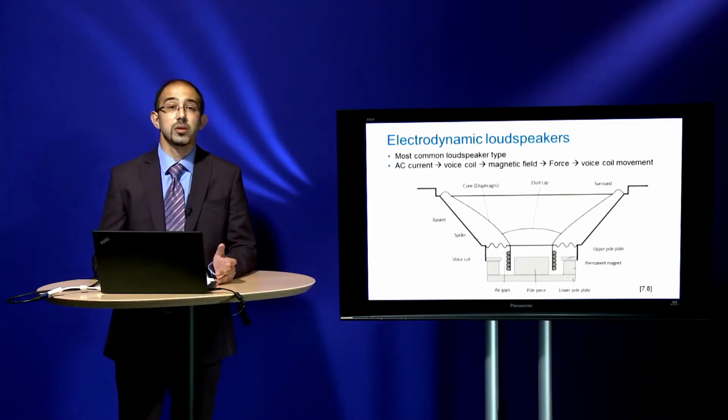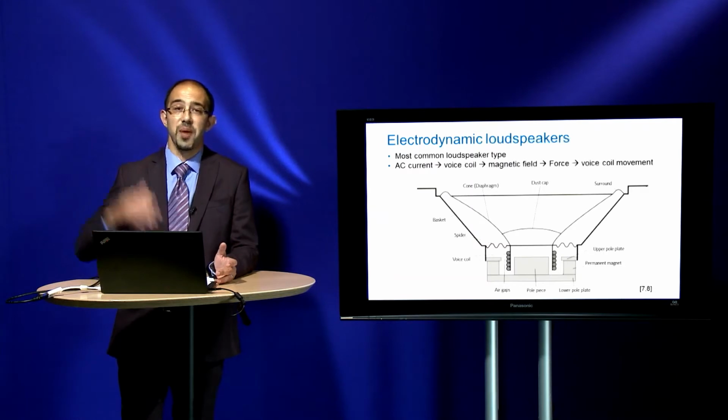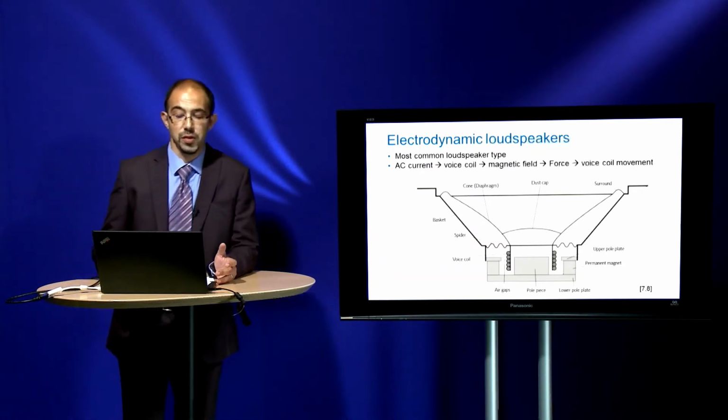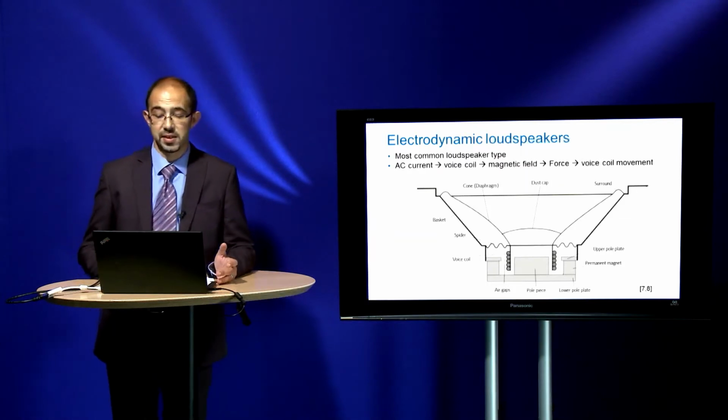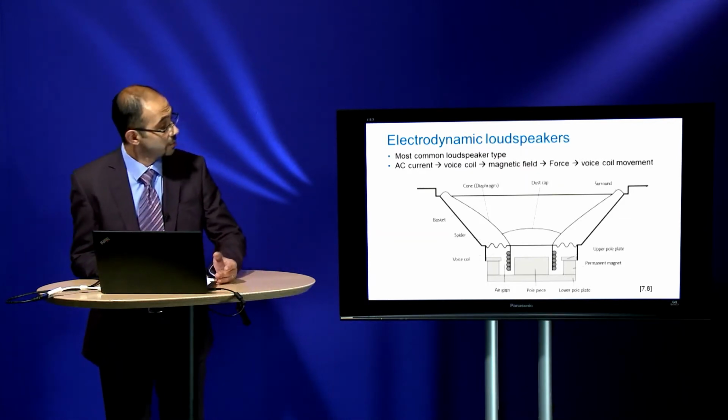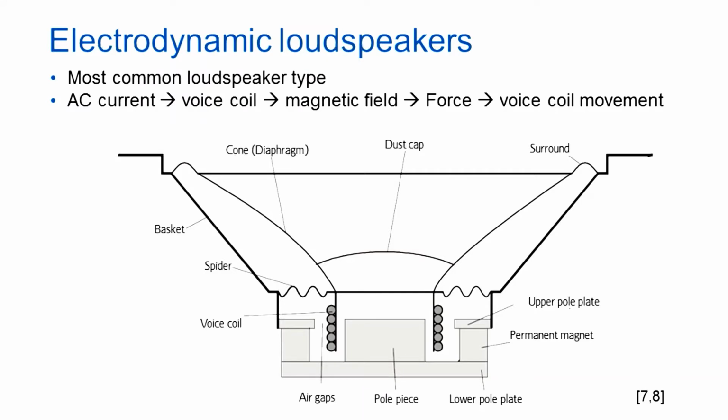The cone moves air back and forth for the sound propagation. We would like to have a light and stiff diaphragm, which we also call the cone, for this aim. In most cases, the material of the cone is paper pulp or plastic.